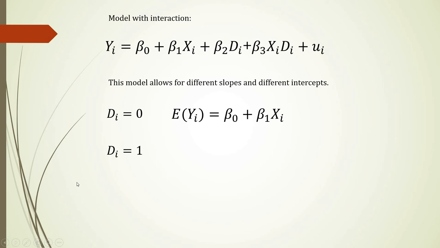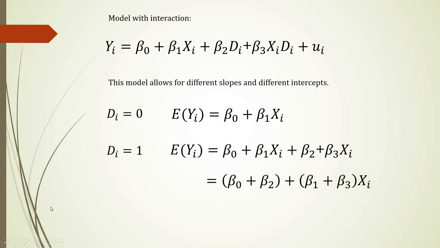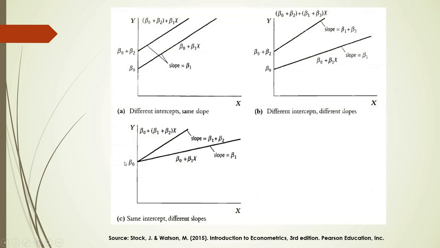If someone has a degree, the expected value of the dependent variable will be this term here. So we can get different kinds of slopes, with different intercepts or the same intercepts, and with the same or different slopes. It depends upon the values of our variables.